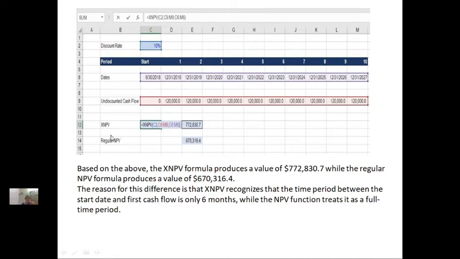Based on the above, the XNPV formula produces a value of $7,72,830.7, while the regular NPV formula produces a value of $6,70,316.4. The reason for this difference is that XNPV recognizes that the time period between the start date and the first cash flow is only 6 months, while the NPV function treats it as a full time period.